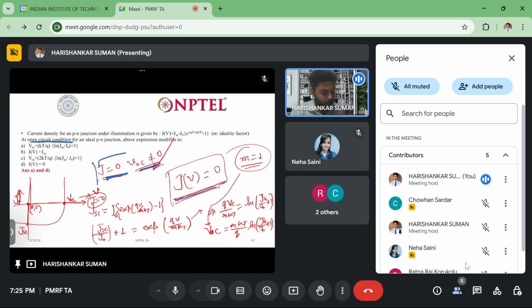So this is the condition. Use this condition and solve this given expression for it, and you will get your answer. So VOC, and this is also the condition.